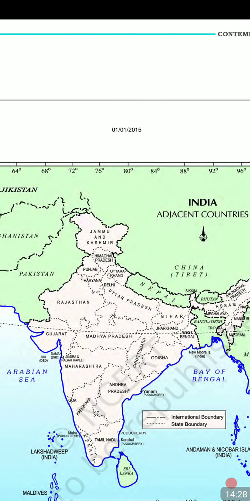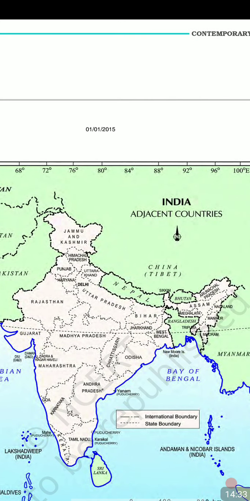For Pakistan, it's 4. 5 states for Nepal. 5 for Bangladesh also.